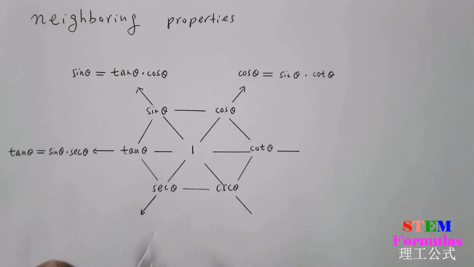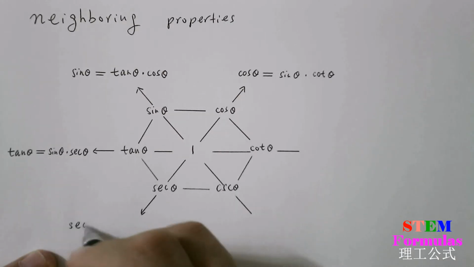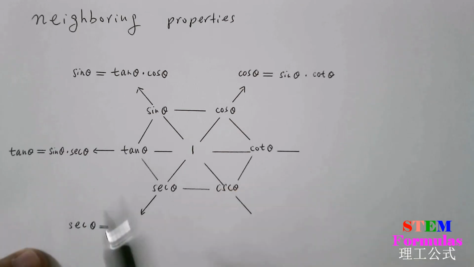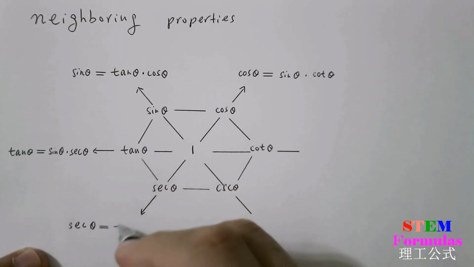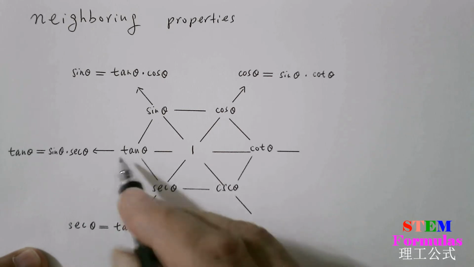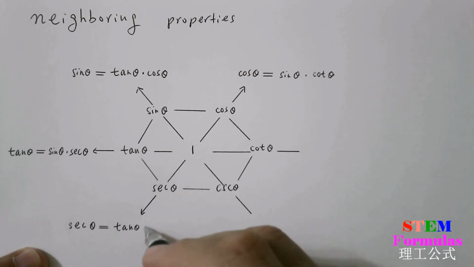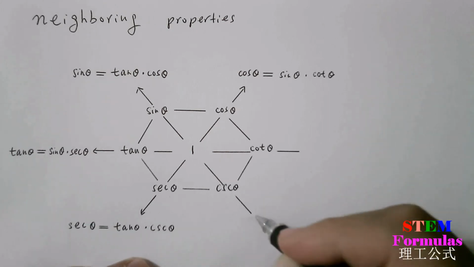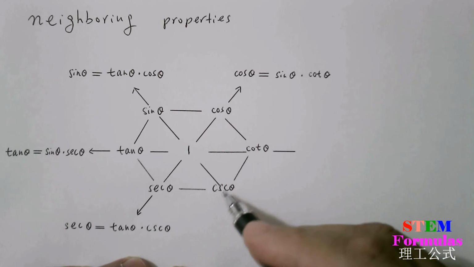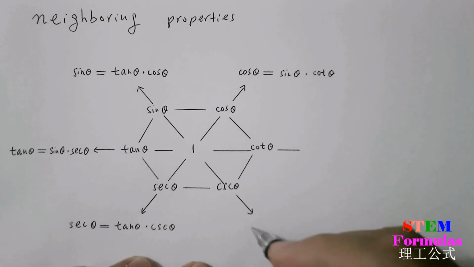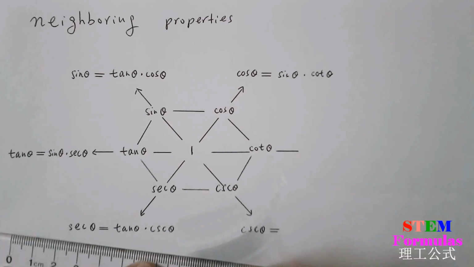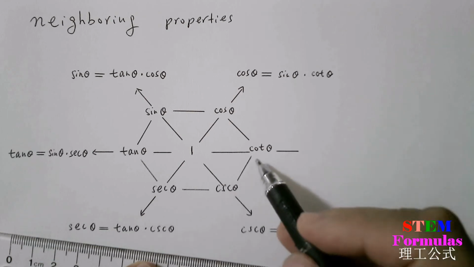And secant theta equal tangent theta times cosecant theta. Cosecant theta equal secant theta times cotangent theta.